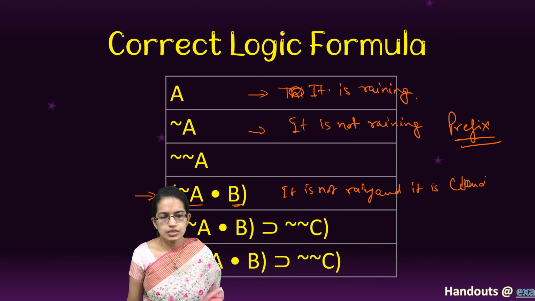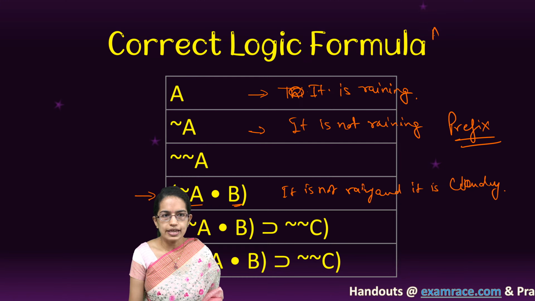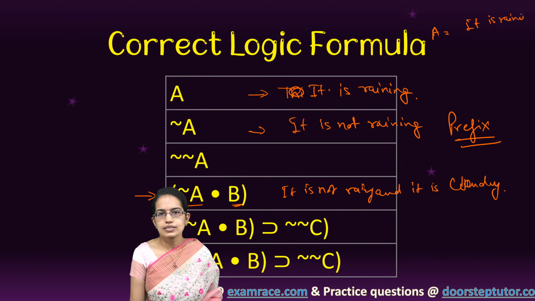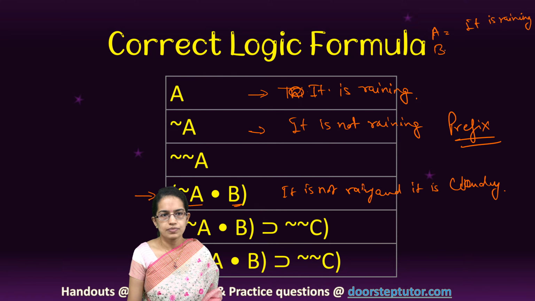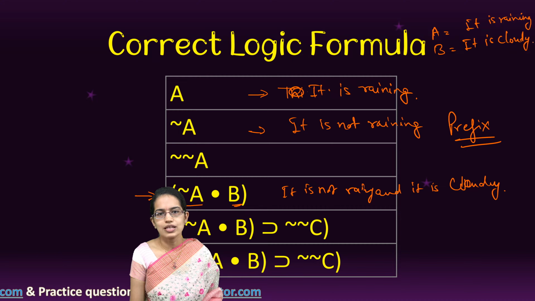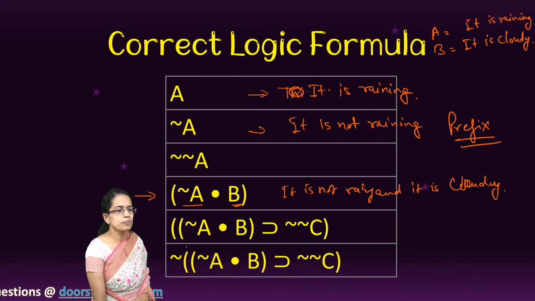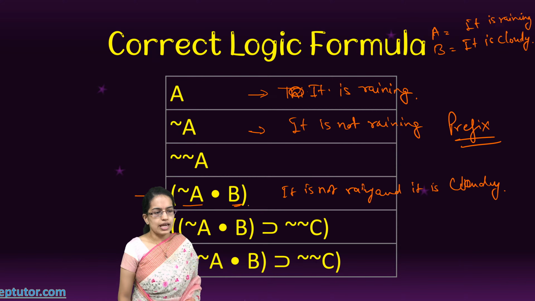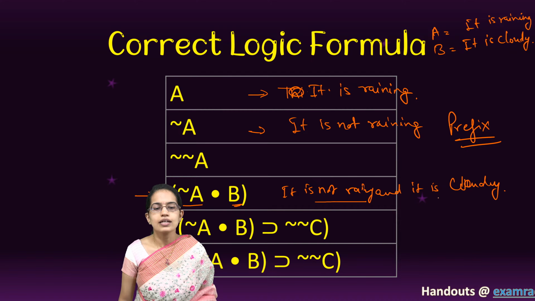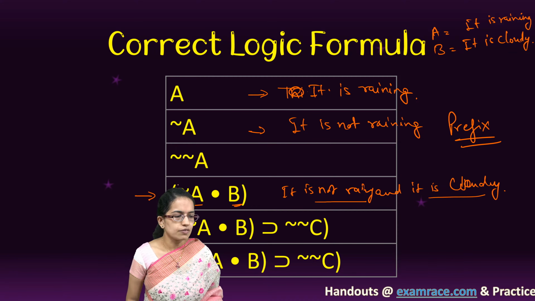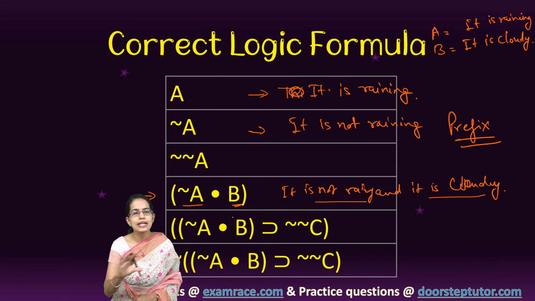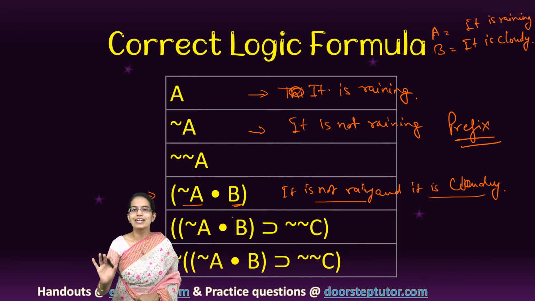So this is how my A implies it is raining, B implies it is cloudy. We'll keep the example the same in the incorrect ones as well, so that there is no confusion. Now this is A and this is B. So the negation of A and the B statement within the parenthesis or the brackets is a completely correct logic formula.